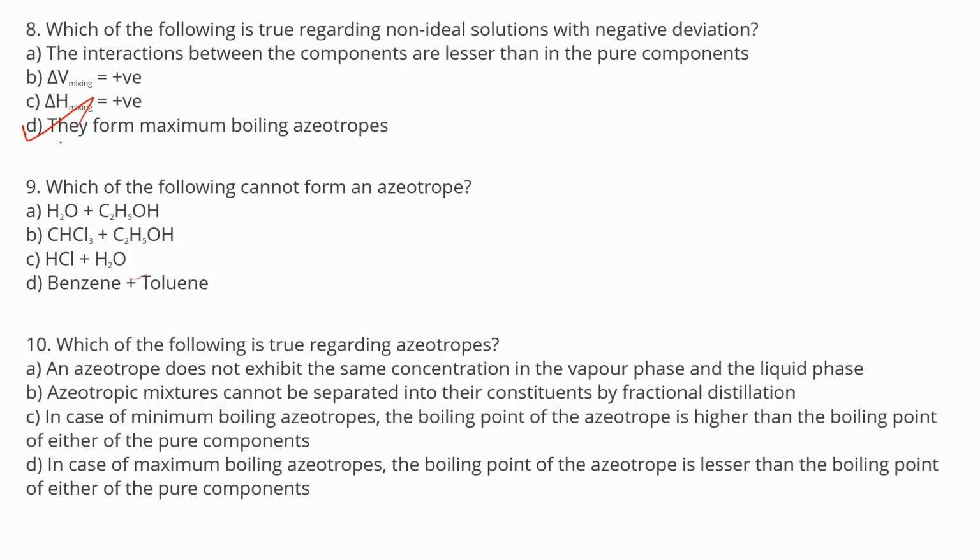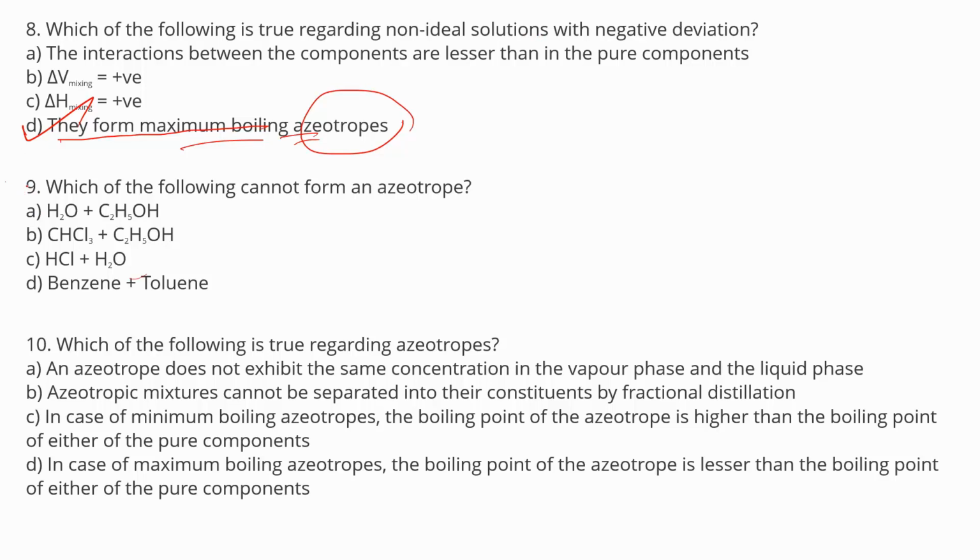That's why they form maximum boiling azeotropes. Azeotrope means the composition of the liquid phase and the vapor phase is the same. So negative deviation means the vapor pressure is decreased, and we need a higher temperature to boil. So option D is the correct answer.